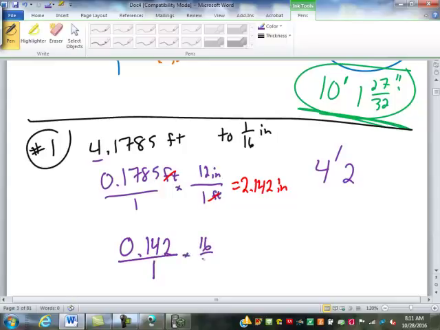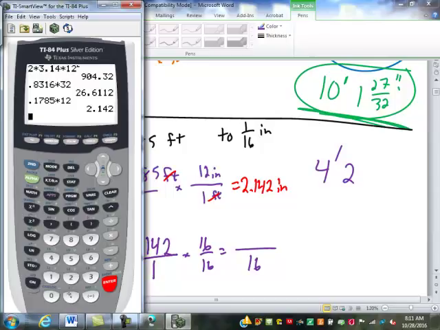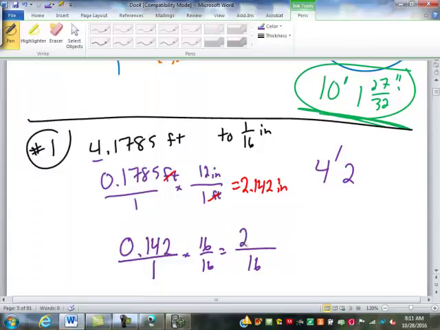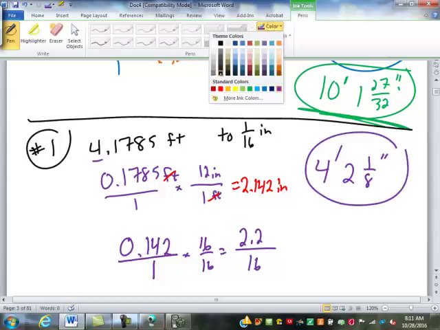Over 1 times 16 on top and bottom. So 2.2, which is closer to 2/16 than it is to 3, so that's 1/8. So 4 foot 2 1/8 inches.